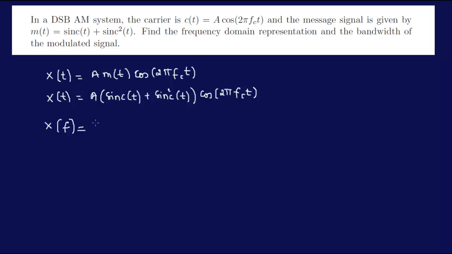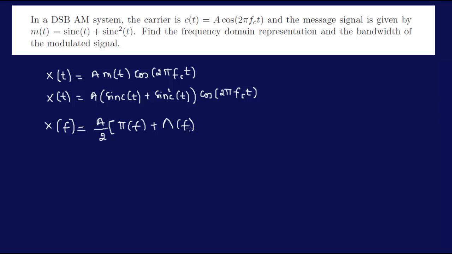So we're going to have 1/2 X of f minus f0. We don't have an f0 here, so we have 1/2 the Fourier transform of the sinc function, which is pi of f, plus sinc squared times cosine of 2 pi fc.